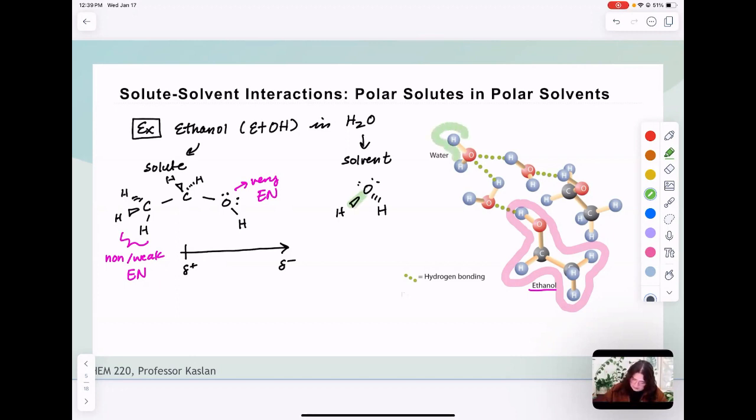So here's our water there. And if we're thinking about this in a general sense, because we know this substance is polar, our solvent is also polar. We know that we're going to be looking at overall dipole interactions.